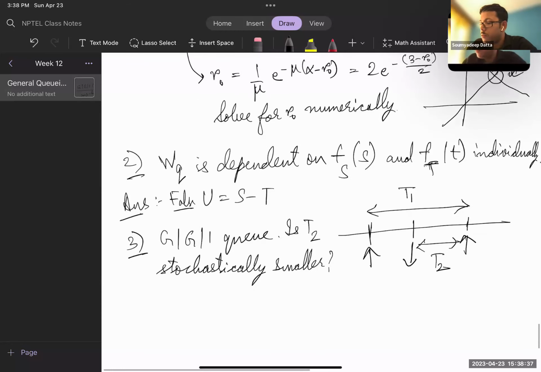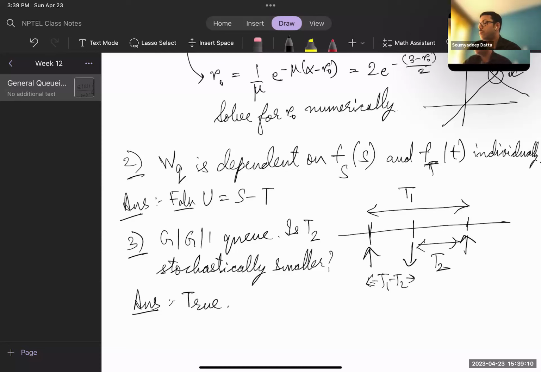And the answer for this is actually true. Because it's very evident even from the picture that this time interval between the arrival and the departure, let's mark it as T1 minus T2 for now, has to be positive, right?